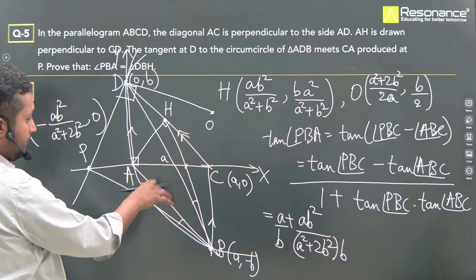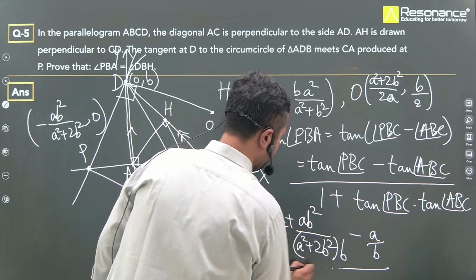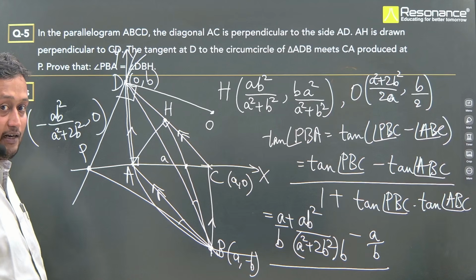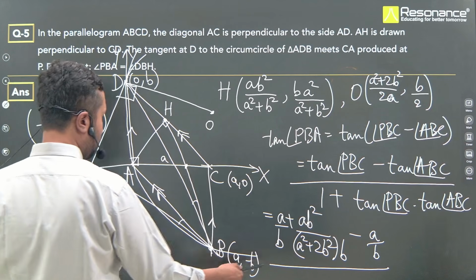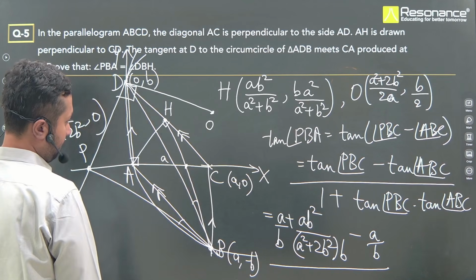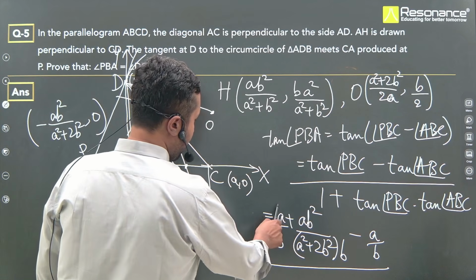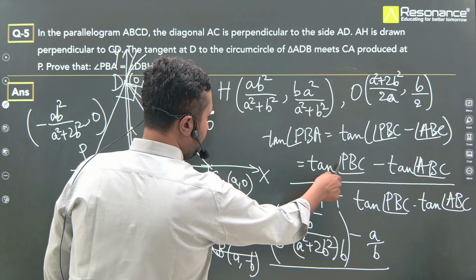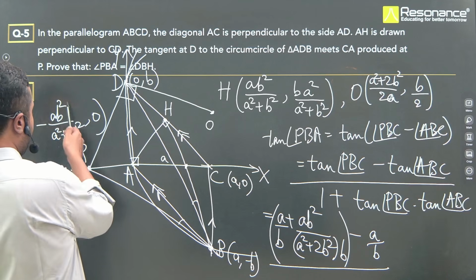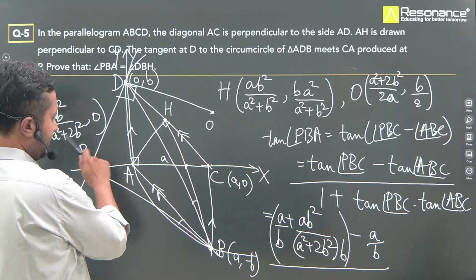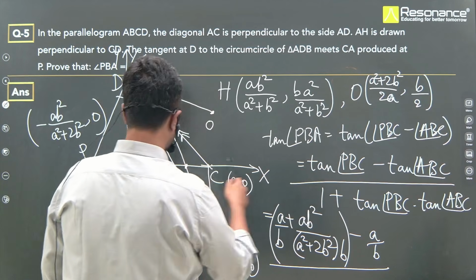That's the easier one. That's just A by B. Yeah, I think you'll lose me if I write everything over here. Yeah, at least this part I hope is clear, right? So this is tan of PBC, which is A plus that value, and then whole thing divided by B. And then you subtract tan of ABC, which is A by B.